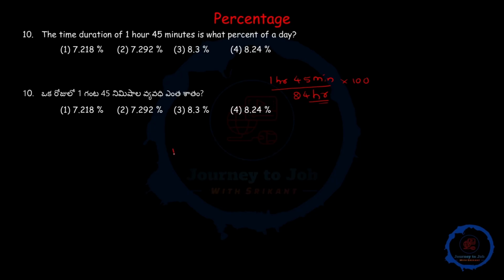First of all, 1 hour means 60 minutes. Okay, so 1 minute means 1/60 hour.